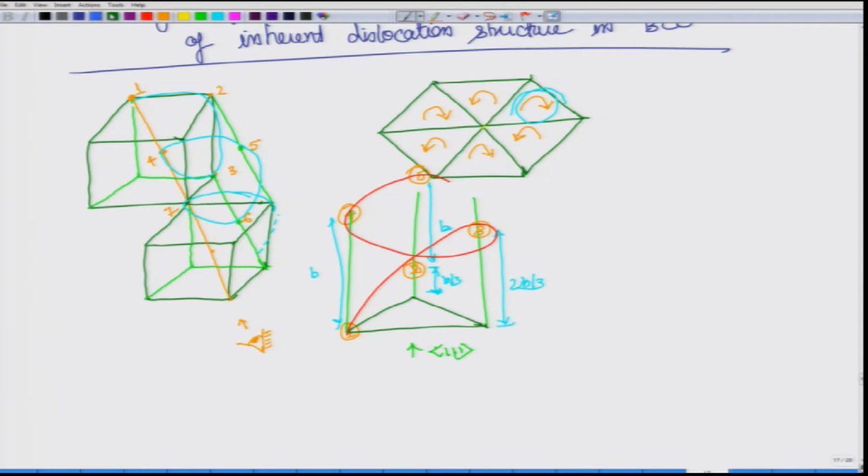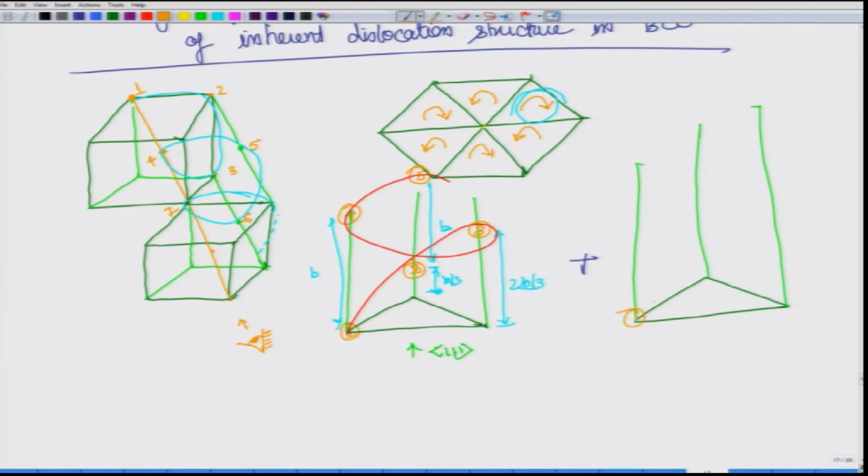Now, what does it do? How does it have a role to play? So, let us say I have a dislocation which is also clockwise. We will assume that the core of this dislocation is limited to one cell or one atomic spacing. So, in this particular case also we will have a dislocation, and I will draw these 3 lines, and in fact it will look exactly same.